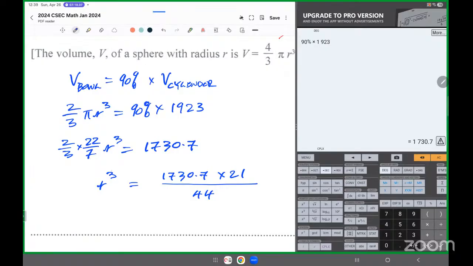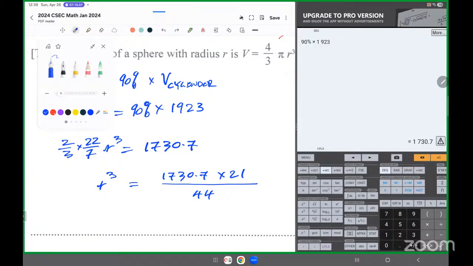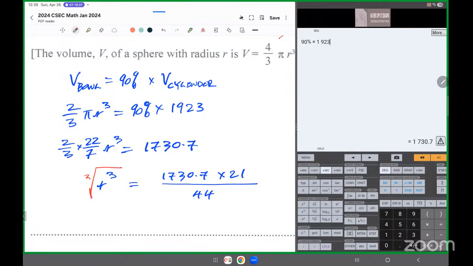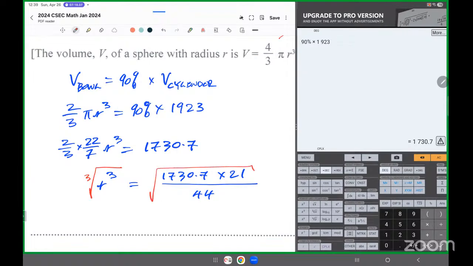And then if this is R cubed and you want R, you're going to have to cube root both sides. So we cube root this side and cube root this side as well. The cube root cancels the cube, leaving us with an R over here.